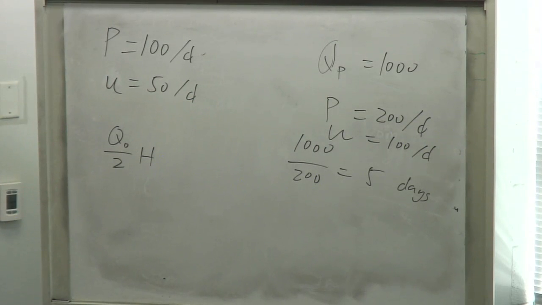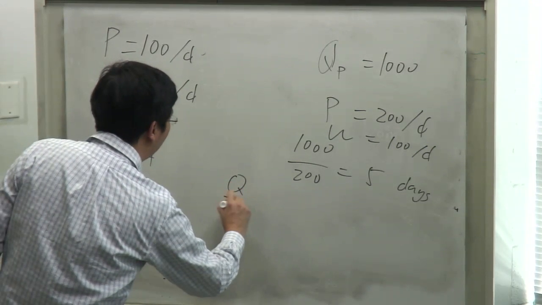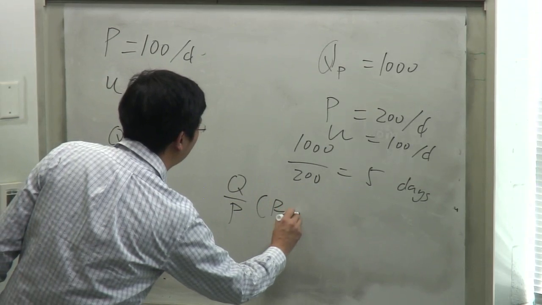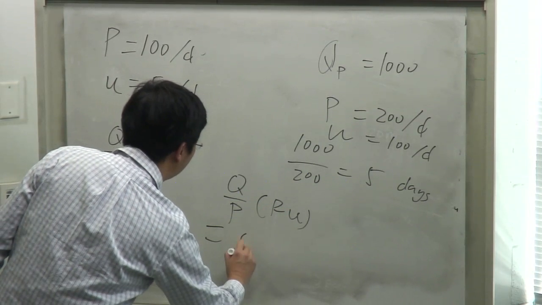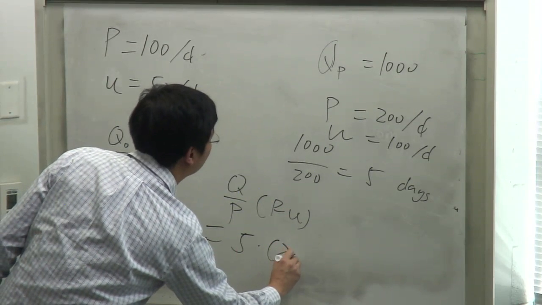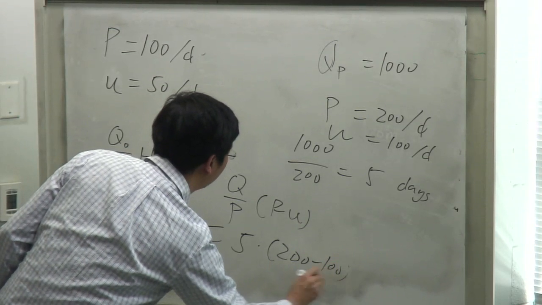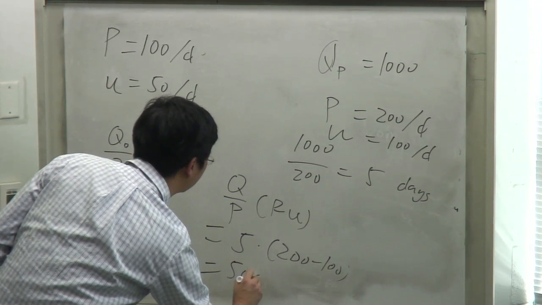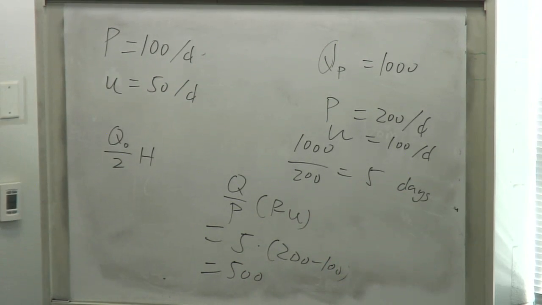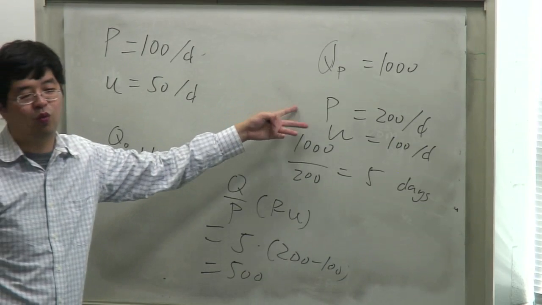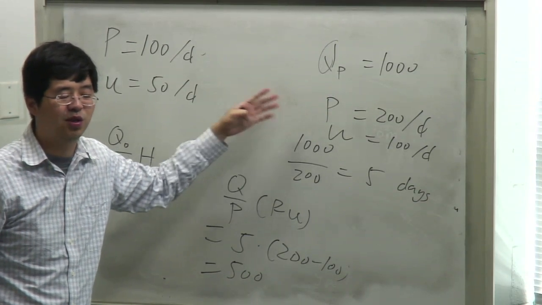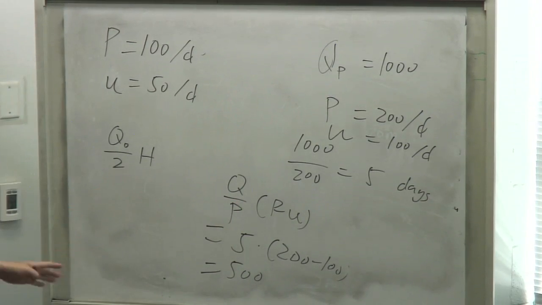That is our maximum inventory. You can see here it is QP over P times P minus U, which is 5 days times 200 minus 100, which is 500. At the end of the 5th day, you will have an inventory level equal to 500, because every day you accumulate 100 units of inventory.